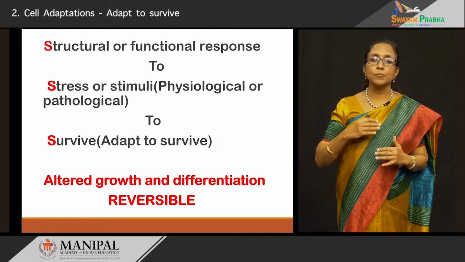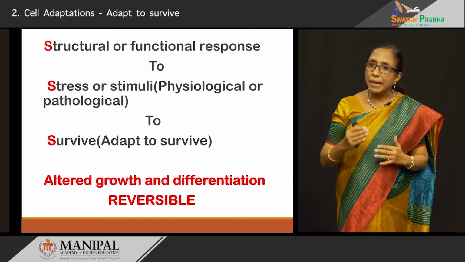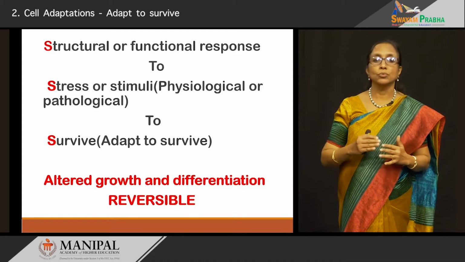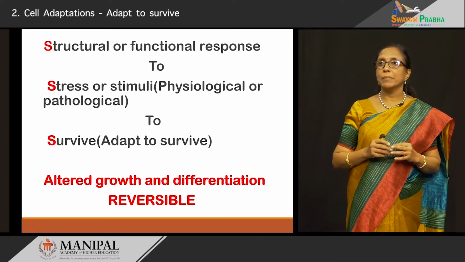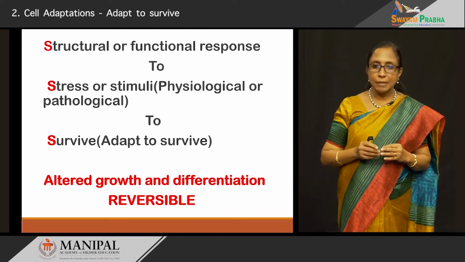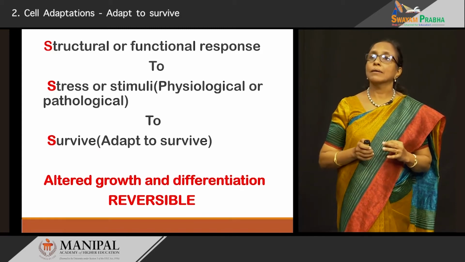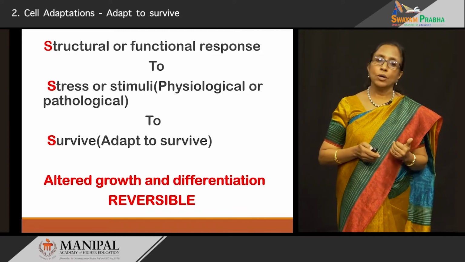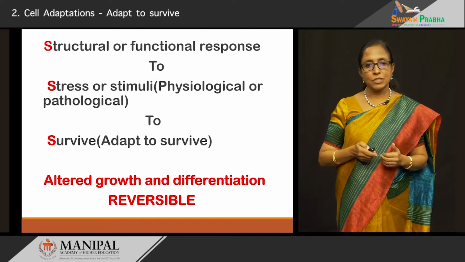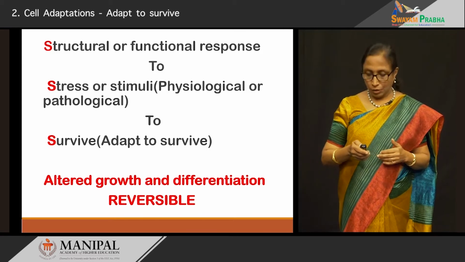Whatever it is, the response that makes that cell or tissue survive is what we mean by adaptation, adapt to survive. Most of these are reversible, and we will be looking at altered growth and differentiation. Today we will be looking at altered growth alone.